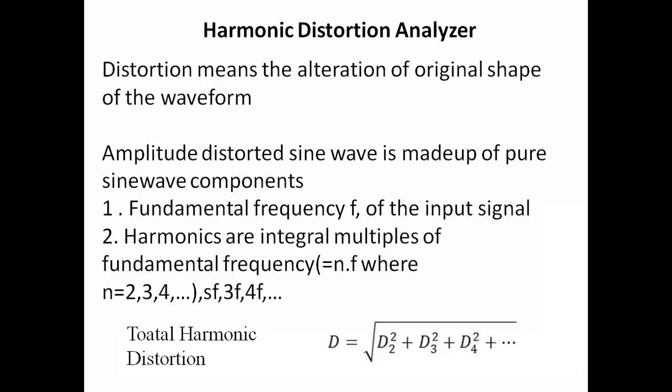So we have the second harmonic signal, third harmonic signal, fourth harmonic signal, and so on. The frequency of the second harmonic is 2 times the fundamental frequency, the third harmonic is 3 times f, the fourth harmonic is 4 times f, and like that it continues.